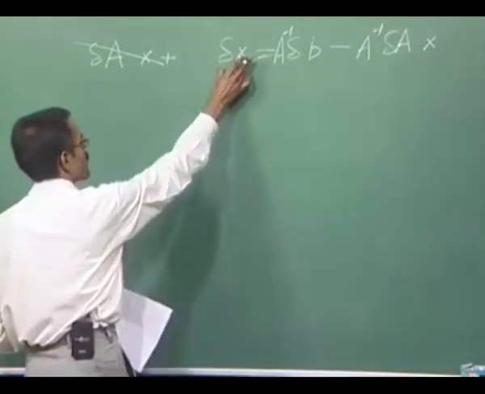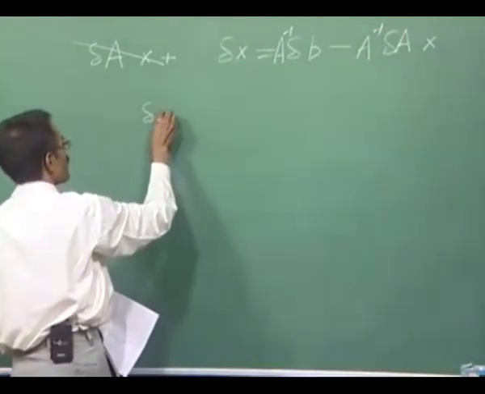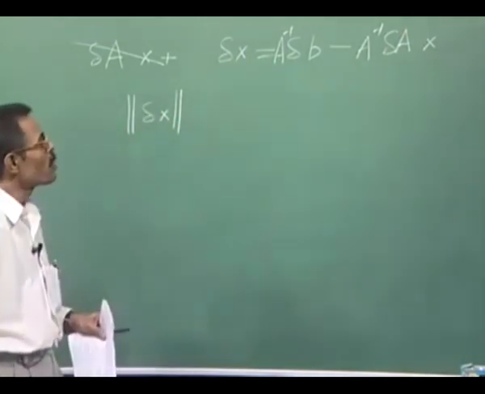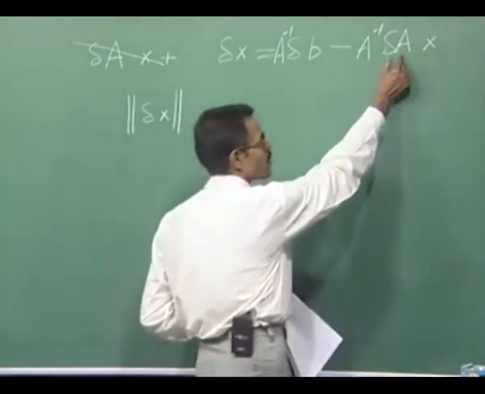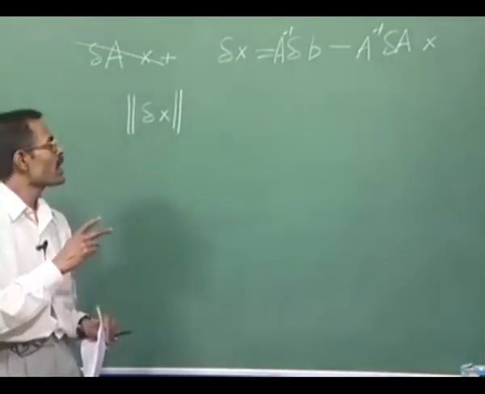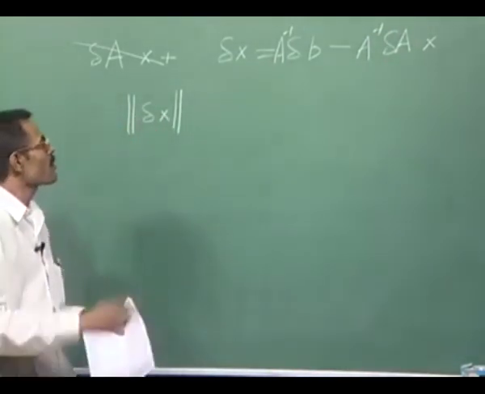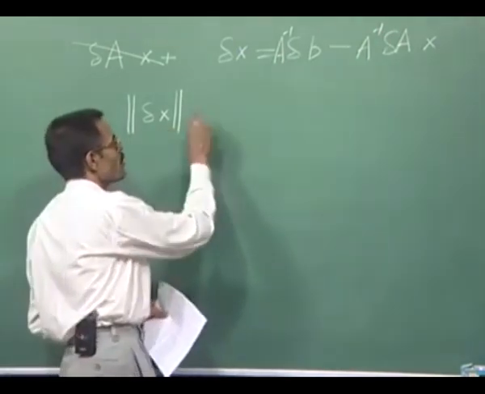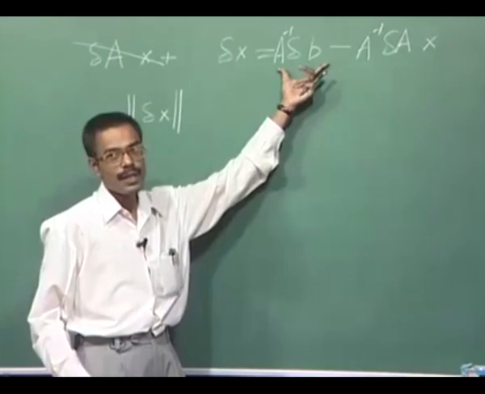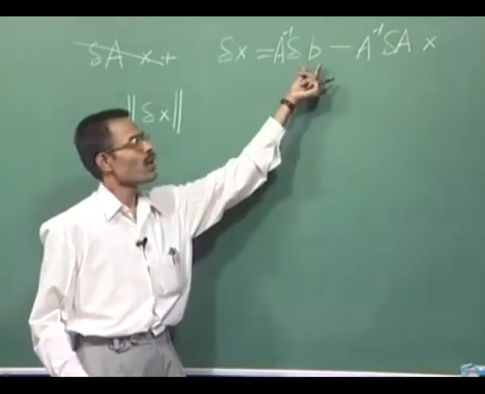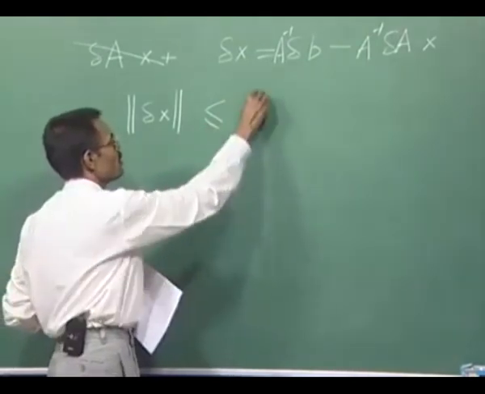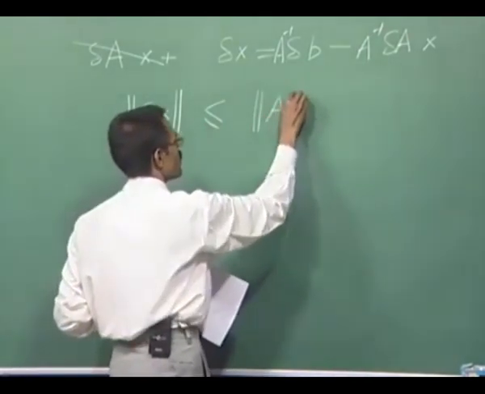So in this first case, we are considering that the matrix is exactly known, that means delta A is 0, delta b is something, and we are interested in seeing its effect. So for the norm of delta x, we know that the norm of this will be less than or equal to the norm of this into the norm of this, so this will be less than or equal to the product of the norms.